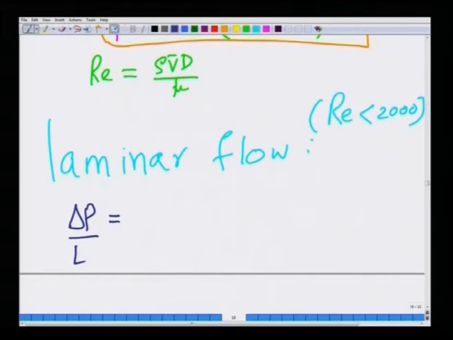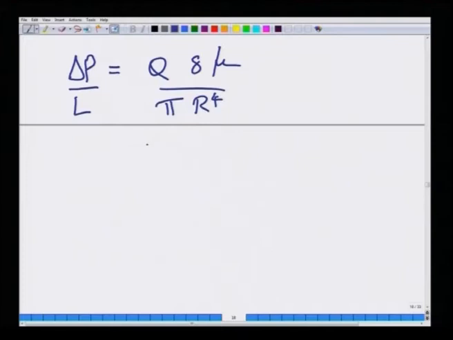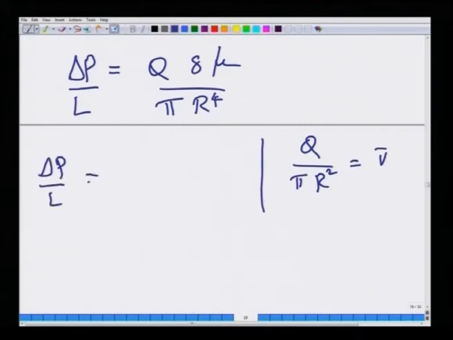So, we wrote delta p by L is Q 8 mu by pi r to the 4. Now, I want to write in terms of average velocity: Q by pi r squared is the average velocity. So, delta p by L is nothing but v bar 8 mu by r squared.